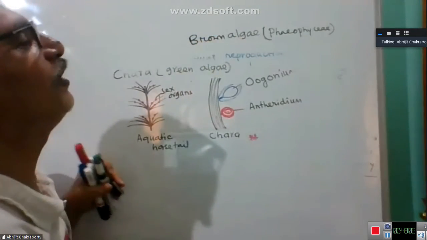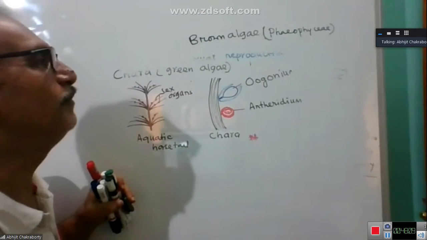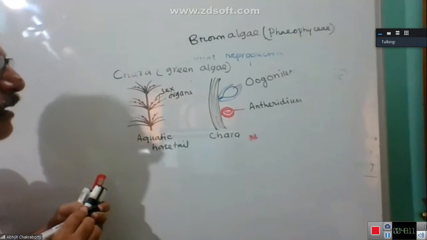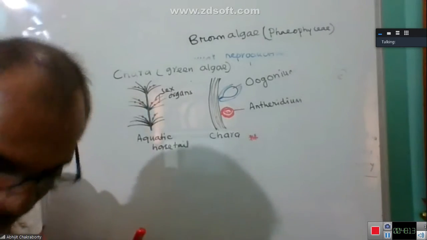Brown algae or Phaeophyceae, the next group.